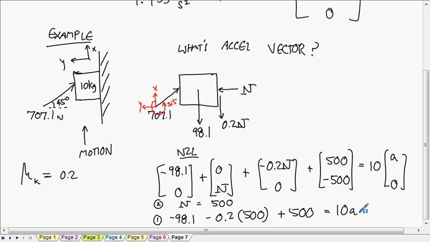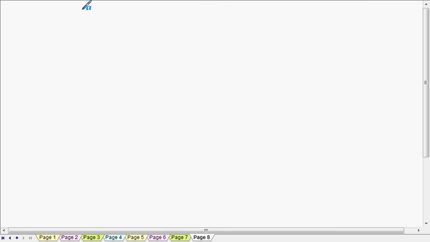So what do we have here? Negative 1.9 plus a positive 1.9. So I think 501.9 is equal to 10a. Is that right?